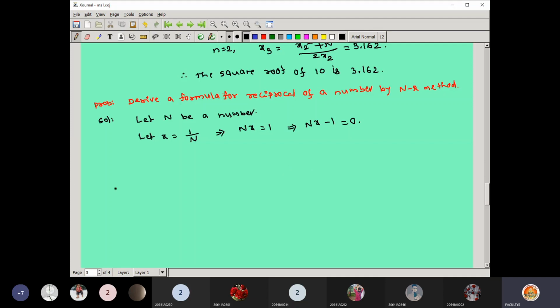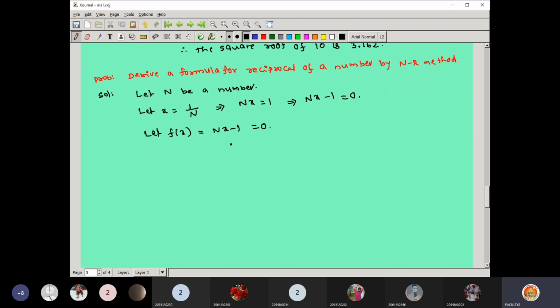That expression I am supposing as f of x, which is equal to Nx minus 1, equal to 0. And here you need not calculate any a and b values. If any special case is given, then only you go for a and b values.